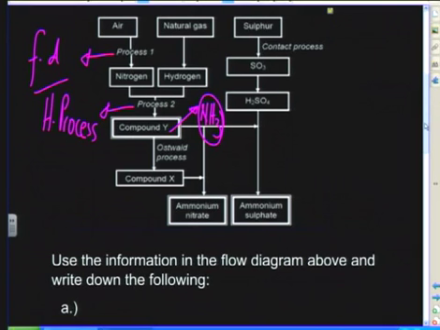What is this compound X here? Compound X has to be nitric acid for you to produce ammonium nitrate, okay? And then down here, when you have the contact process, sulfur trioxide, sulfuric acid, down here you have got ammonium sulfate. It means you have had ammonia and sulfuric acid there to produce that one, okay?